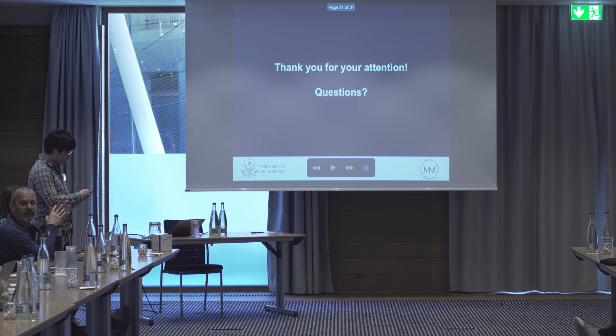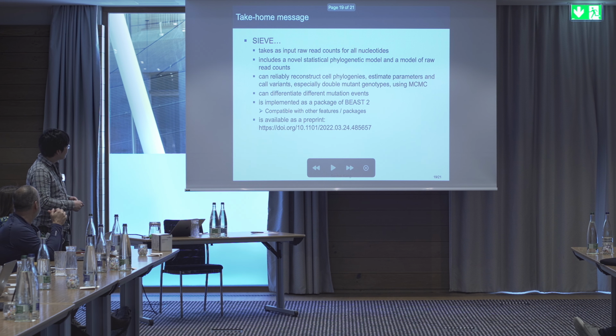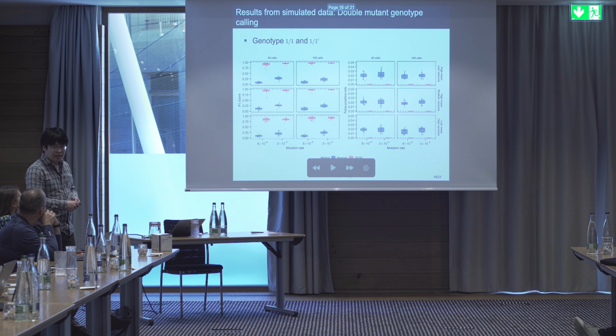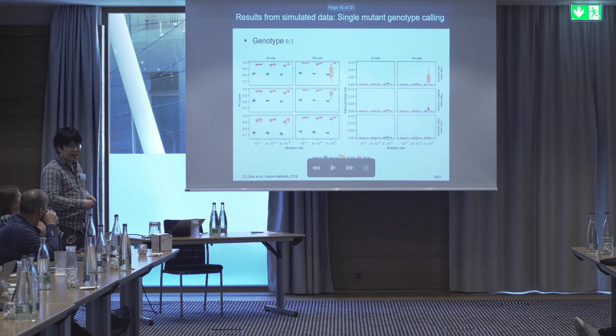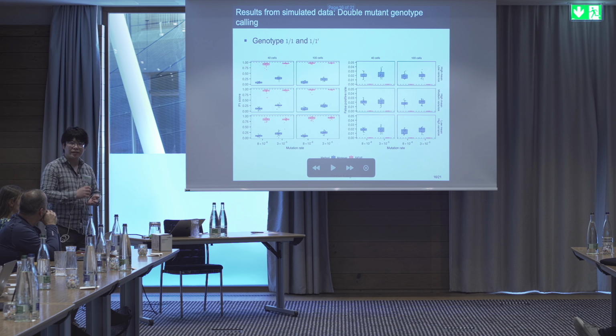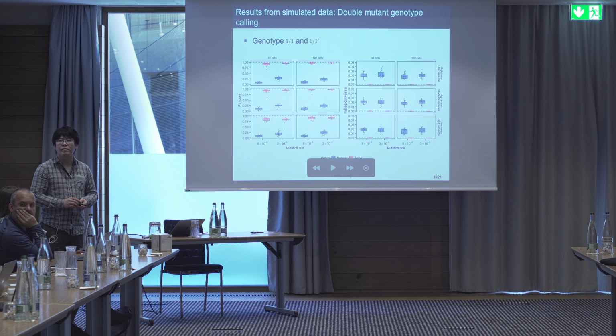Is it because of the model of SIEVE? Yes, I think it's primarily because we use the tree, the phylogenetic relations. But then how does Monovar even see it? I would have thought that you cannot see any double mutant genotypes using Monovar.